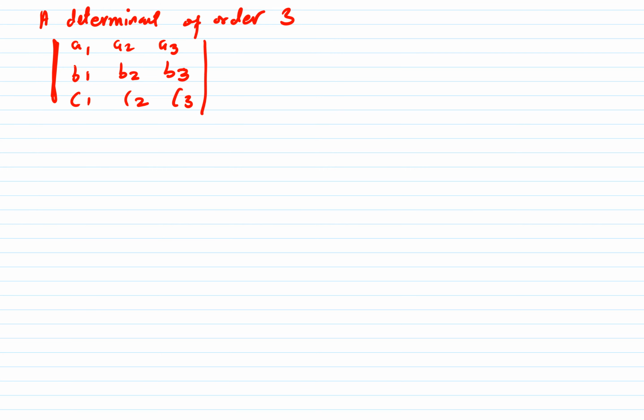How do we find a determinant of order 3? Let's say we have a1, a2, a3, b1, b2, b3, c1, c2, c3. With this one, we're going to assign some signs to it. So we have this negative sign, this positive sign.